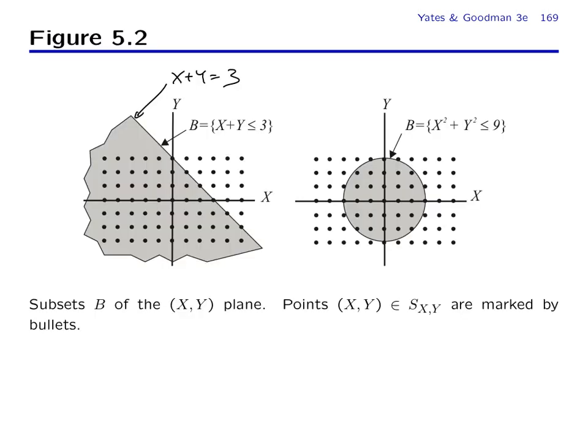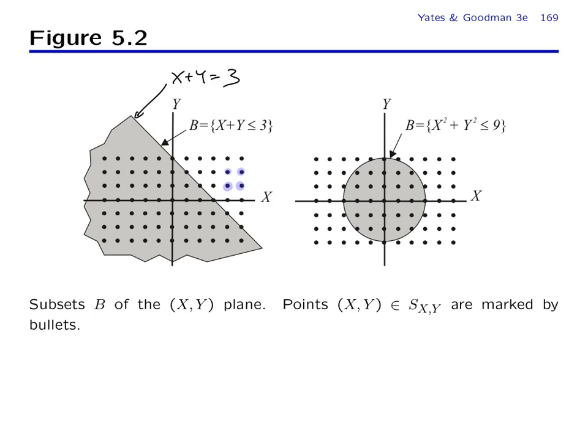If that theorem seemed a little bit abstract, just keep this kind of picture in mind. Just imagine an experiment where there's X's and Y's, and the X's and Y's have non-zero probability on these grid points here on the plane. And then maybe the event B is that the sum of x plus y is less than or equal to 3.